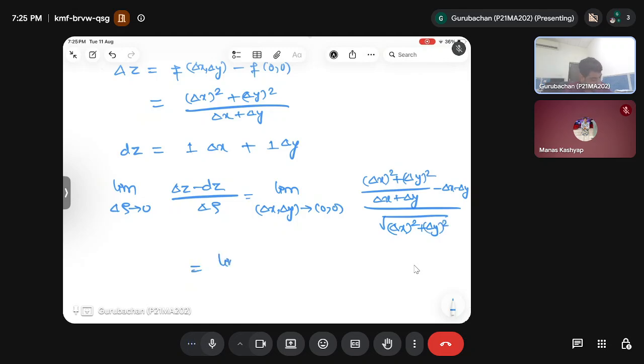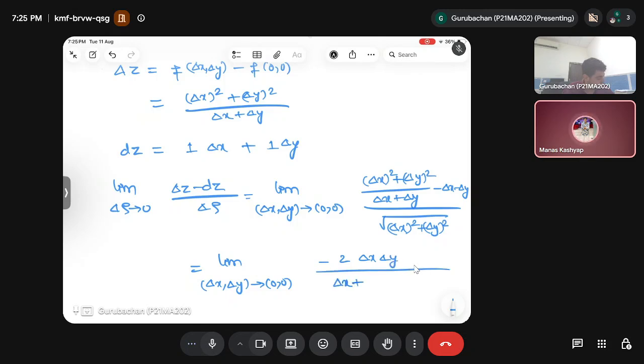Solve this one. What expression will you get? The limit is 0, sir. In the numerator we have to subtract, giving minus delta x square minus delta y square minus 2 delta x delta y upon delta x plus delta y into root under delta x square plus delta y square.